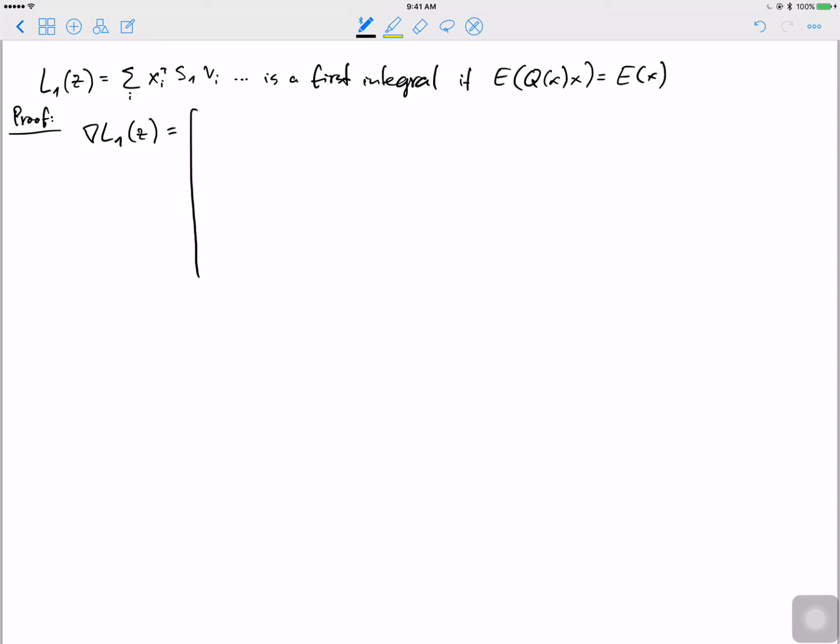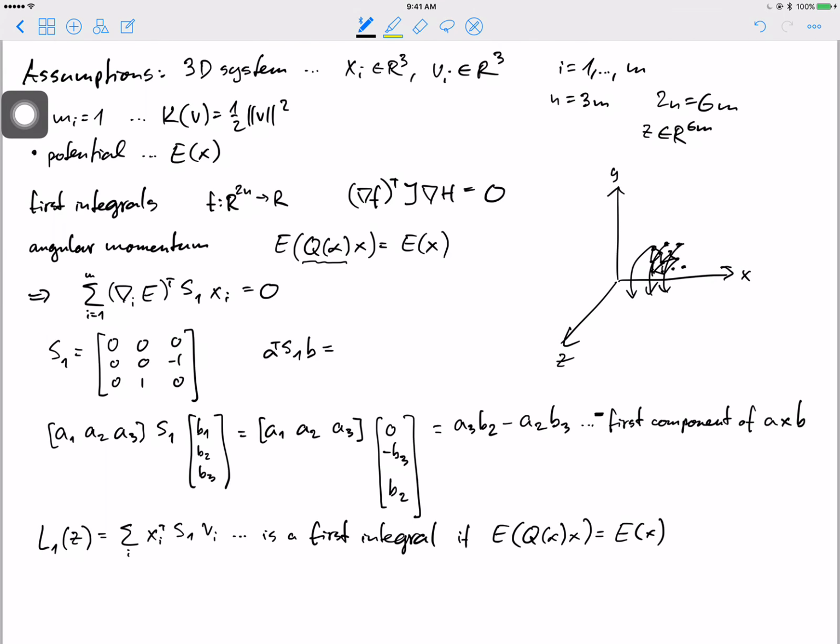James? So why would you expect it to be a quadratic function and not a sinusoidal function? Oh, I mean, this is how I defined it, right? This S1 is a constant matrix, it only has zeros and ones in it. So this is really just multiplication and summation of components of x and v. I could even write it out if you wanted, right? That would basically be just repeating this with the xi's and vi's.